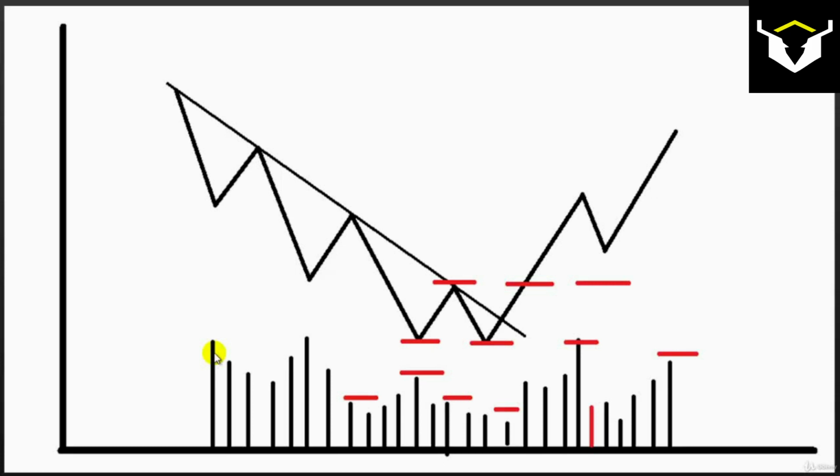Once the trend line is broken, prices go ahead to trade above the newest peak, the middle peak, the peak that lies between these two bottoms.